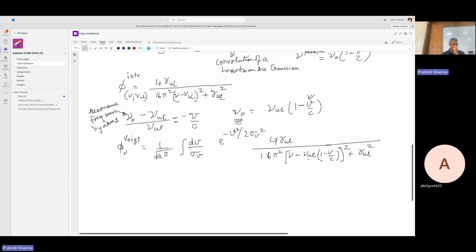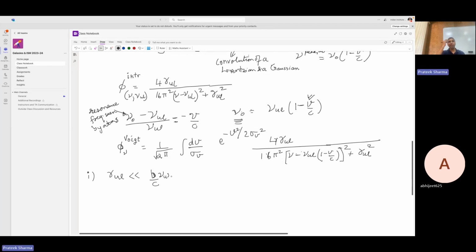So we generally take various limits. For example, the first limit is where gamma UL, the width of the intrinsic profile, is much less than b by c times nu UL.